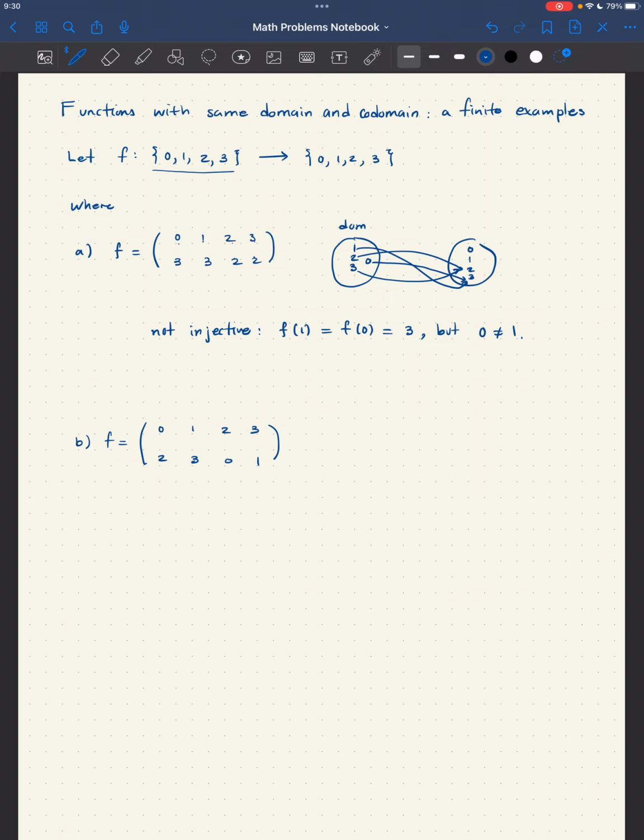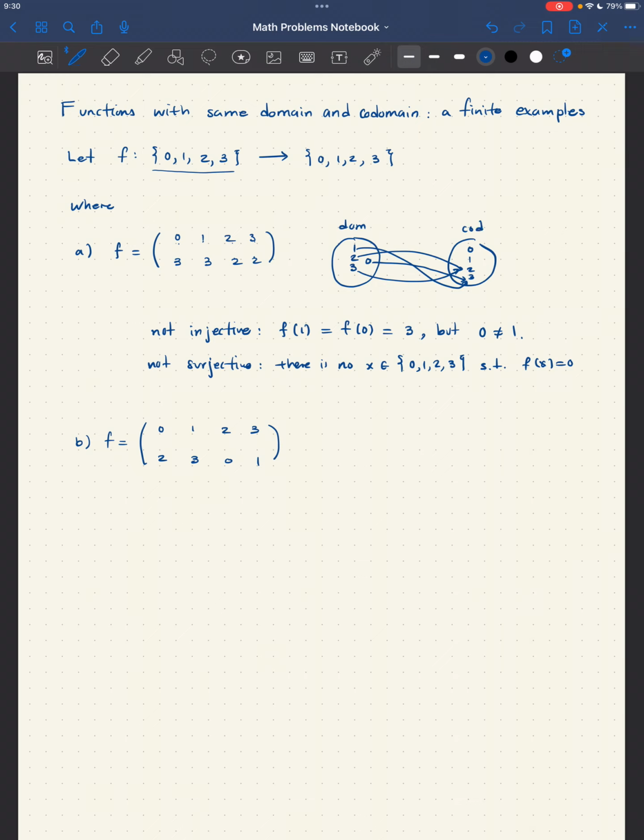Now, what about surjectivity? Well, it is not surjective. And how can we argue about that? Well, there is no x in the domain 0, 1, 2, 3 such that f of x is equal to 0.